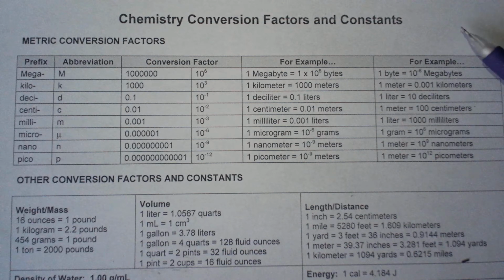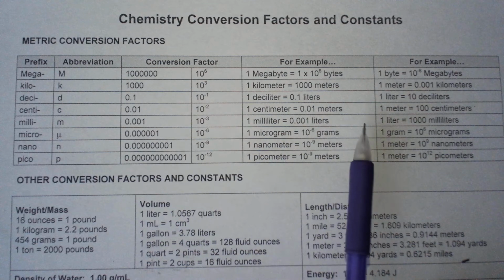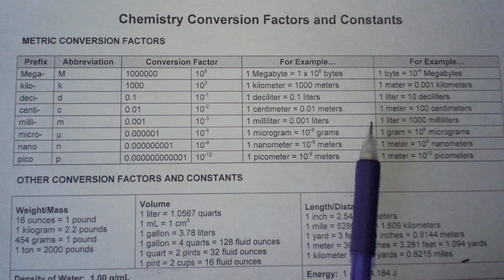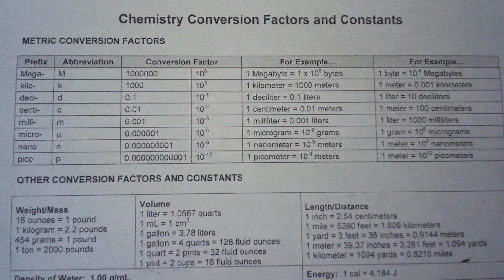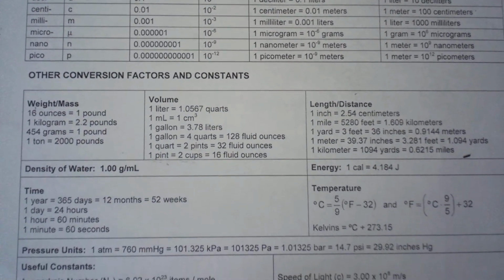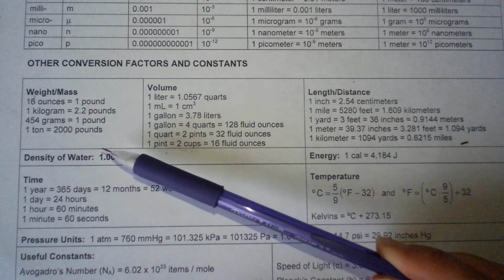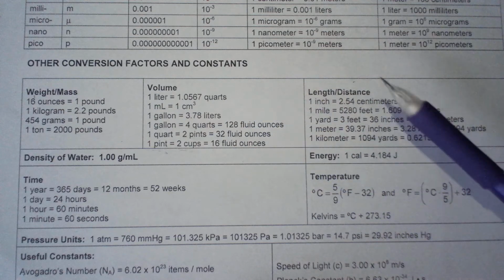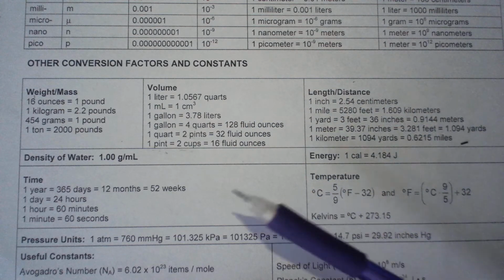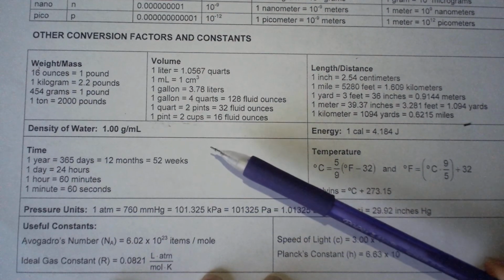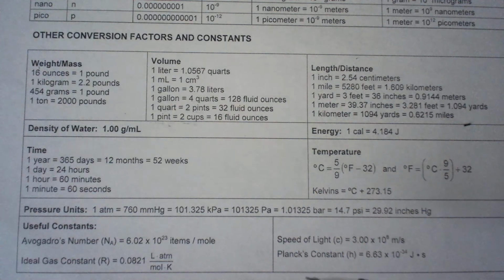You might notice that this one has the metric conversions up here too. It's just another way to look at it than the paper we got the other day. The ones that we're going to actually look at a little more today are this weight and mass, volume, length and distance, and then we will be using this paper all year long.